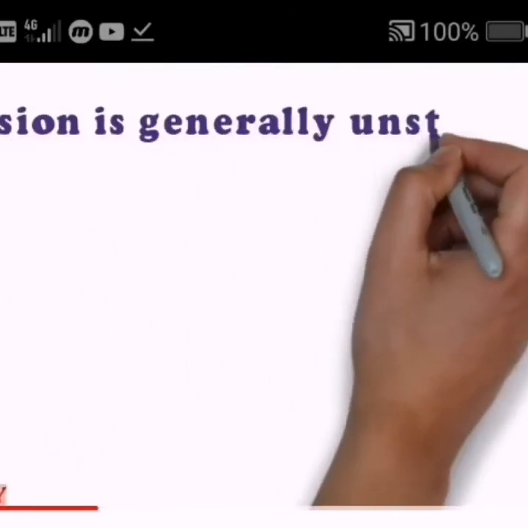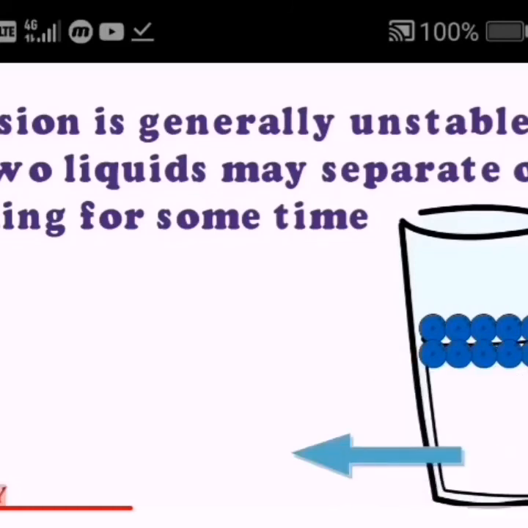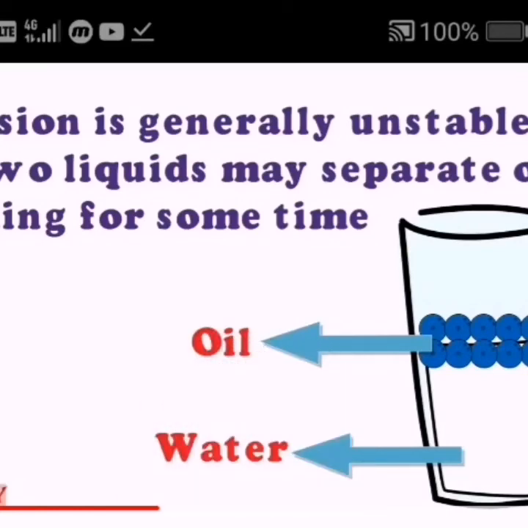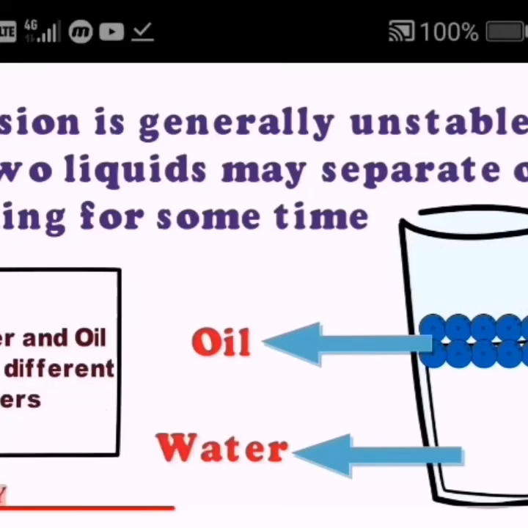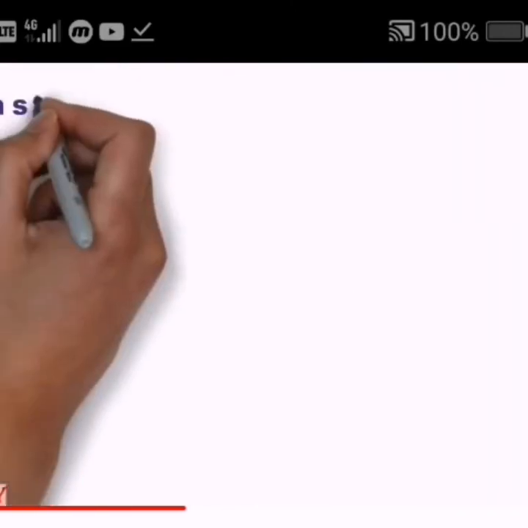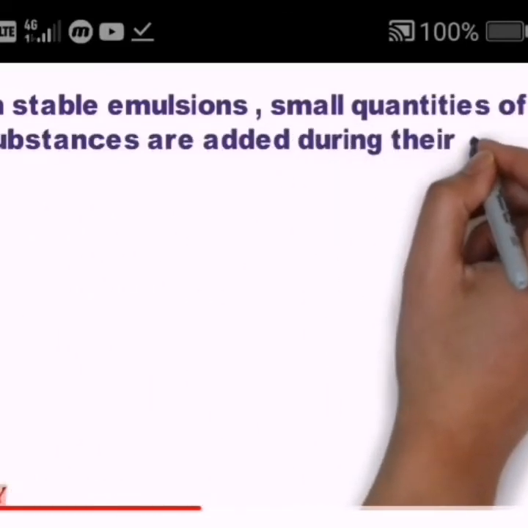Emulsion is generally unstable and the two liquids may separate out on standing for some time. We notice that oil and water can be easily separated out; they form different layers after standing for some time. To form stable emulsions, small quantities of certain other substances are added during their preparation.